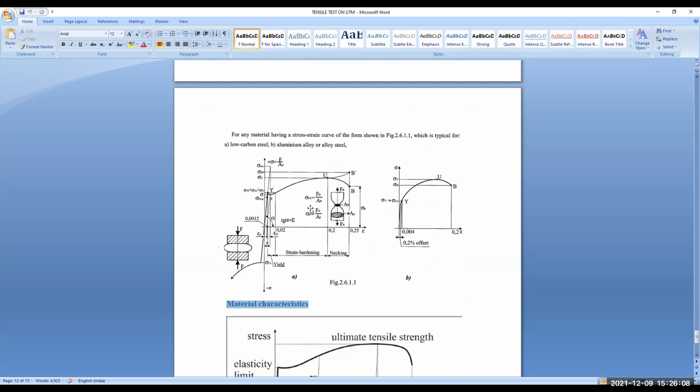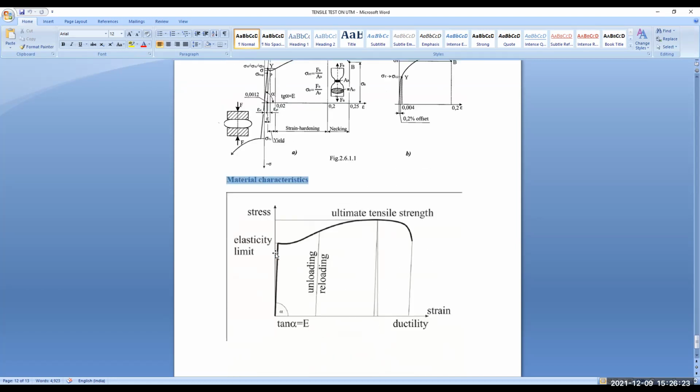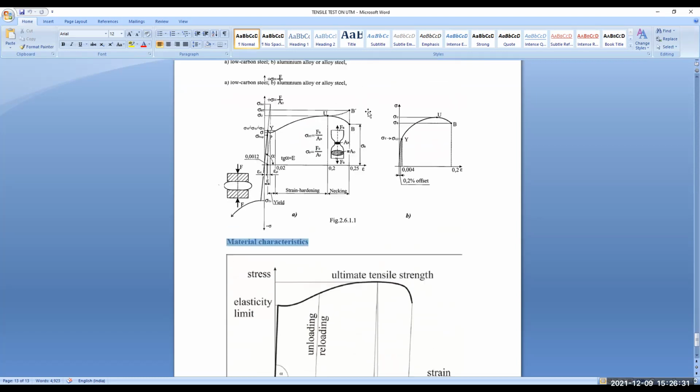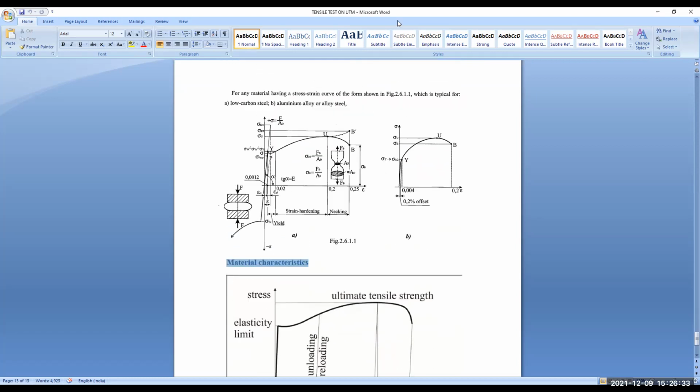And sigma ultimate is F force divided by A0 and sigma broken is FB divided by A0. This is strain hardening, there is necking, and this is the ultimate tensile stress, and loading, reloading, ductility, strain, stress and elastic limit. Let us go to that portion.